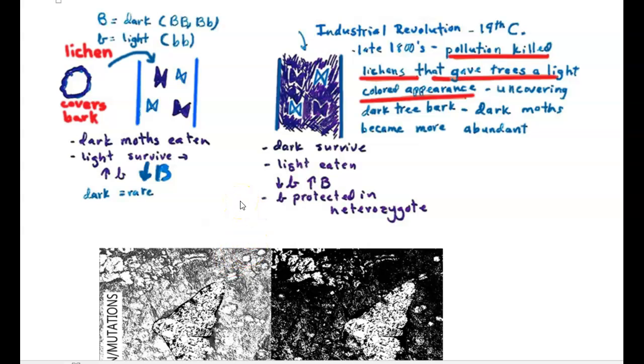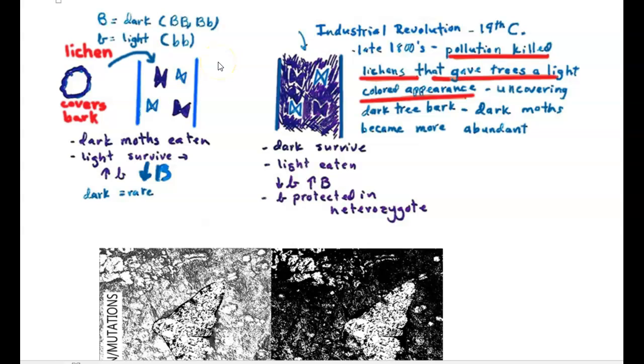You probably can't even see it. And birds actually like to eat these particular moths that we're going to talk about. So moths. Over here, let's say the big B is dark, little b is light. So lichen is covering all the bark of the trunks of the trees.